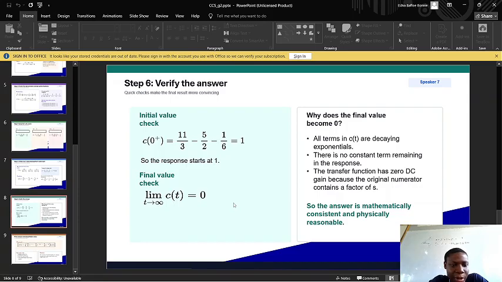Applying that to each term gives the time response c of t equals 11 over 3 e to the minus t, minus 5 over 2 e to the minus 2t, minus 1 over 6 e to the minus 4t. If we want to emphasize causality, we can multiply the whole expression by u of t.